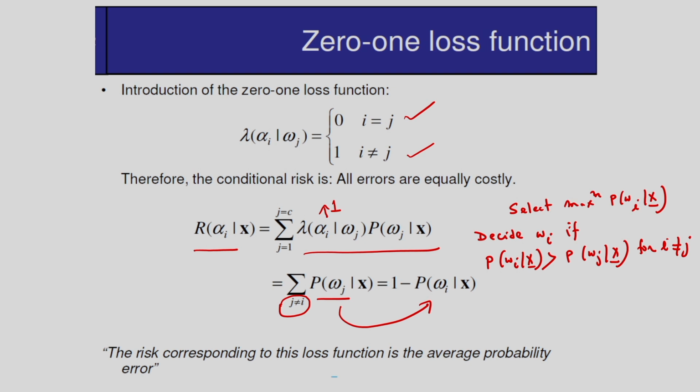This is my decision rule, and this classification technique is called the minimum error rate classification technique, because I have to minimize the error.